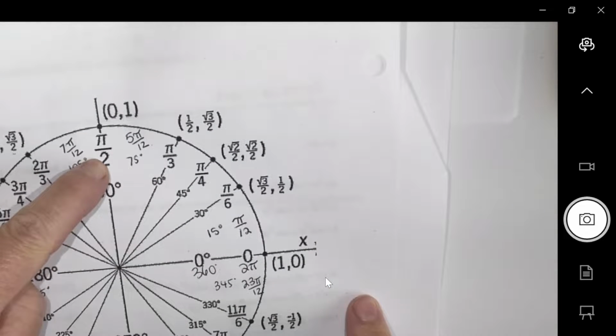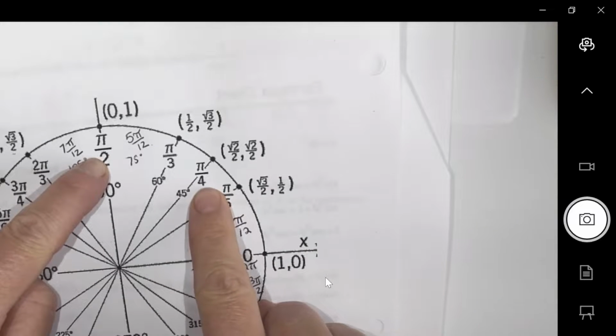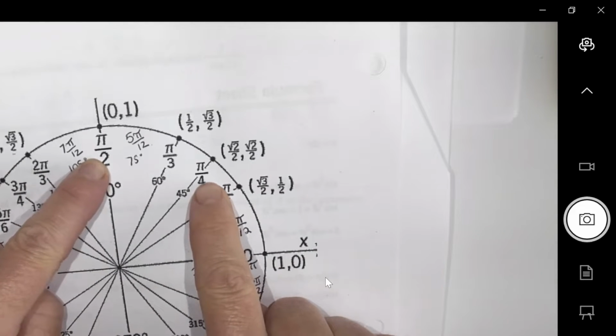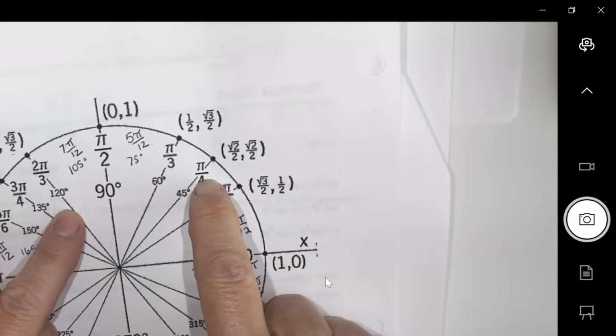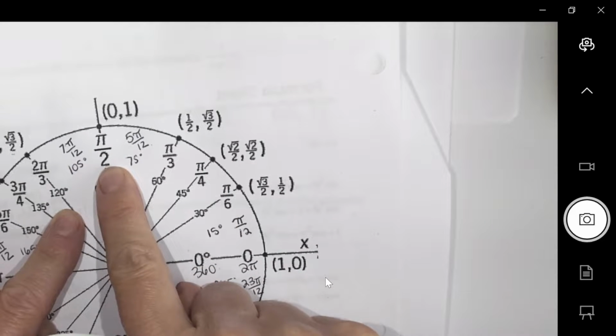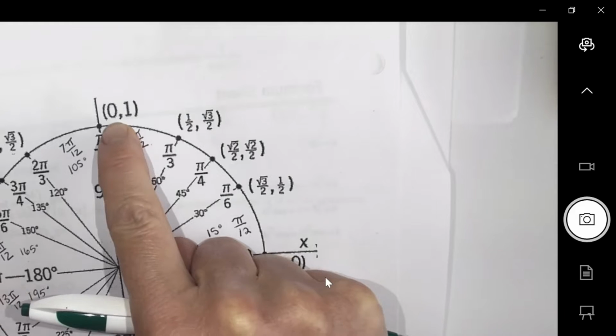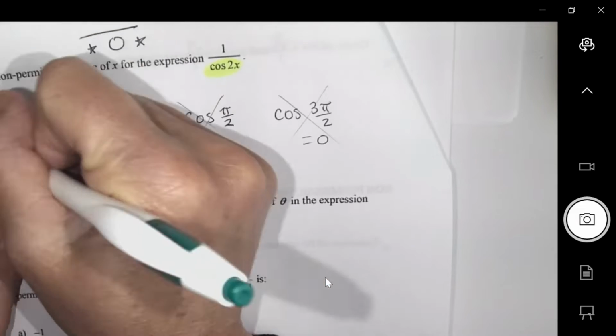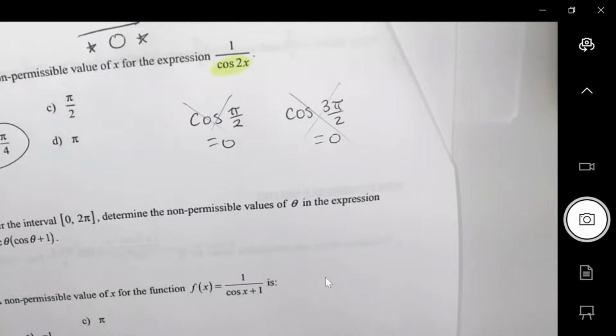What angle would you be at that would double to that? The angle pi over 4: if you doubled it, you would be there, and then you take the cos, and that's a 0, and then we would have a fraction with a 0 on the bottom, and that's not good.